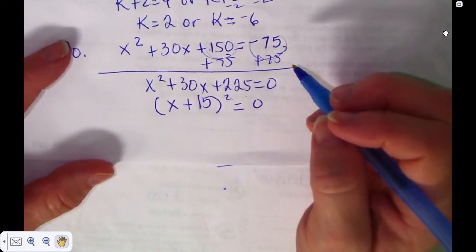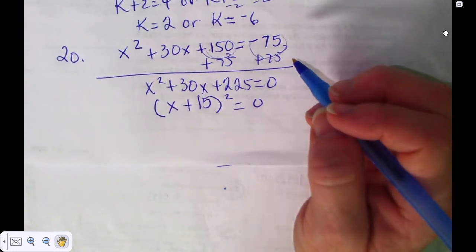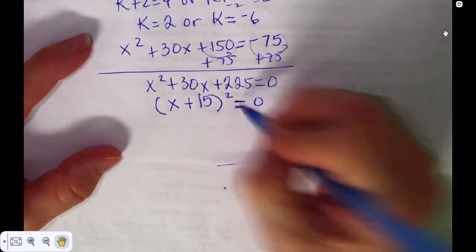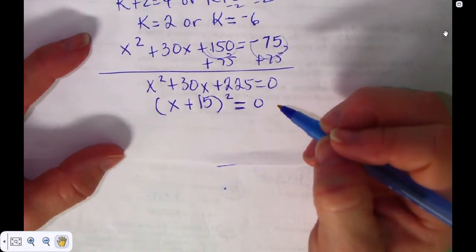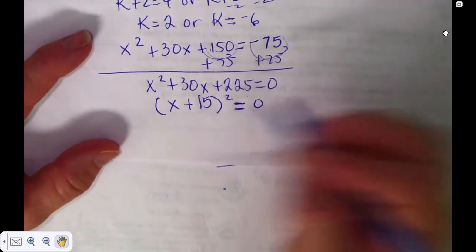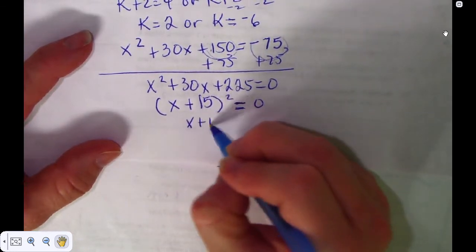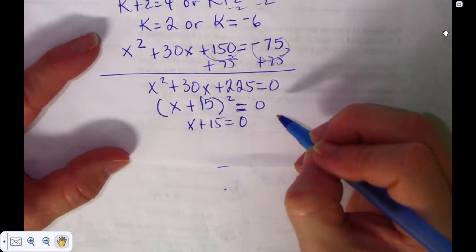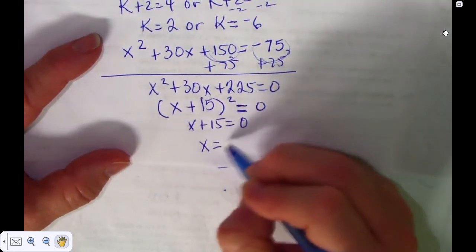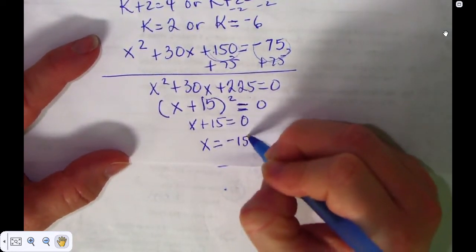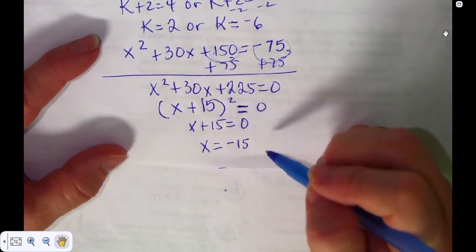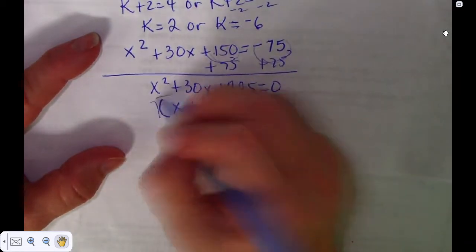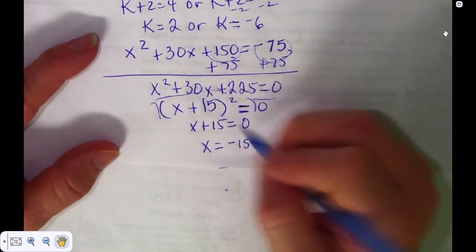So who remembers what we do now? So x plus 15 equals 0, huh? So x equals negative 15. Because you're basically just doing the square root. The square root of 0 is 0.